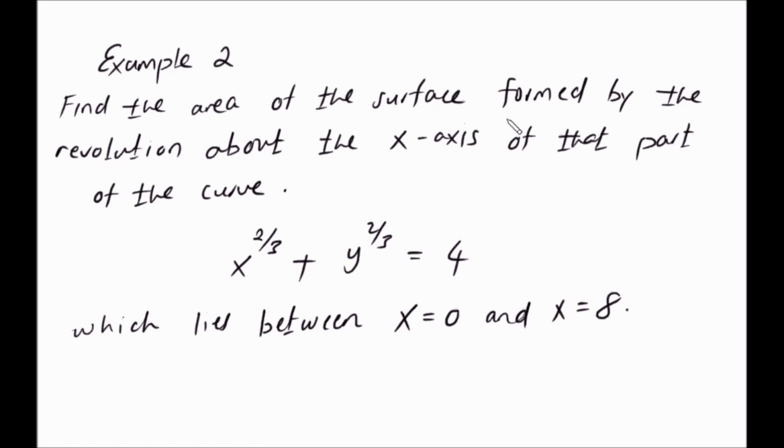Anasema find the area of the surface formed by the revolution about the x-axis of that part of the curve. Kwa hii ndo curve yetu sasa, which lies between huyu na huyu. So let's solve. So by the way, here our A ni 0 and our B ni nini? 8. So tunakumbuka formula. Formula inasemaje?